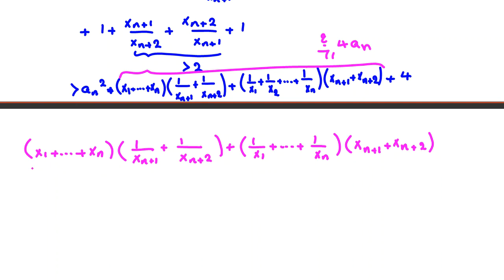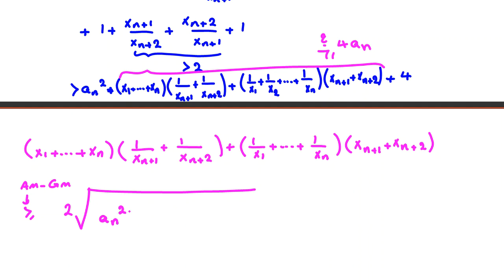Because A_n is the product of this times this, but we have a plus here, we use AM-GM and change it to plus. It will be greater than or equal to 2 times the square root of this part, x1 to xn times this one will be A_n squared, times (1/x_{n+1} + 1/x_{n+2}) times (x_{n+1} + x_{n+2}).